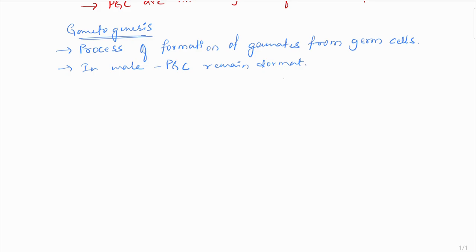So there is a difference in men and women. In male, what happened? The PGCs remain dormant. From which week? From the 6th week.